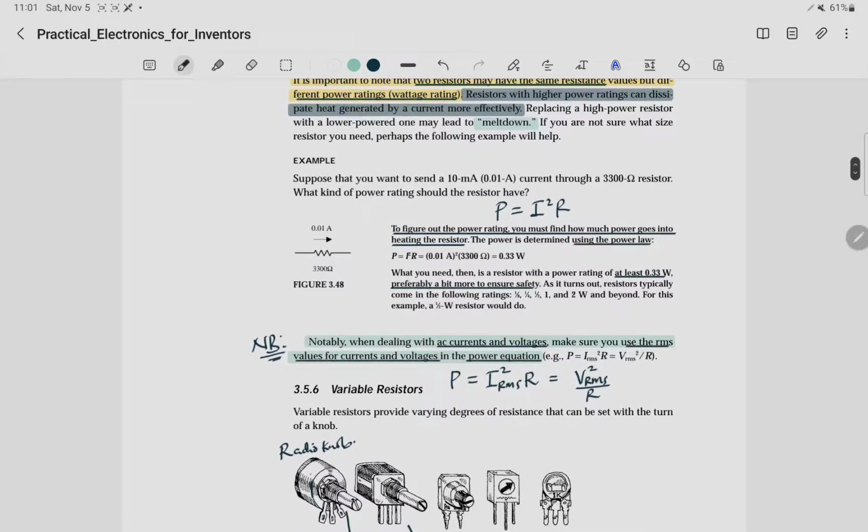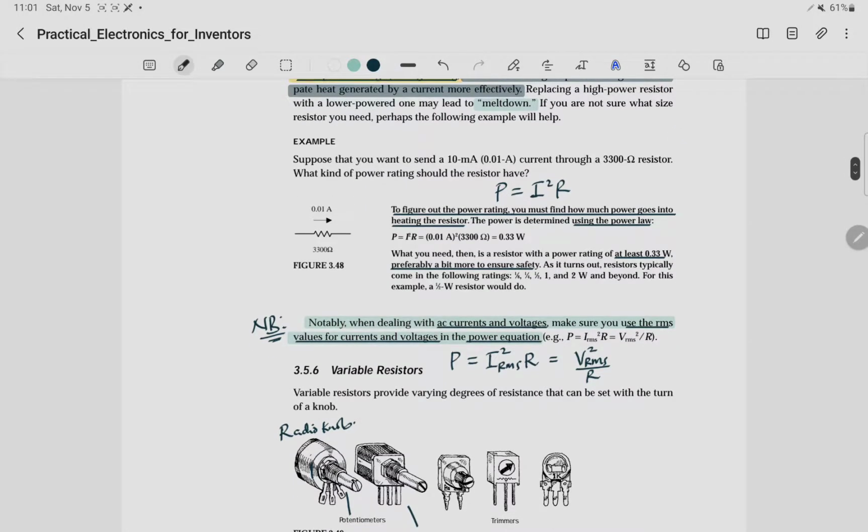For this case, how can we possibly calculate the power rating of a resistor before we actually use it in a particular circuit? Here we have an example. As you can see in this diagram, we have a current of 0.01 and then a resistor of 3300 ohm.